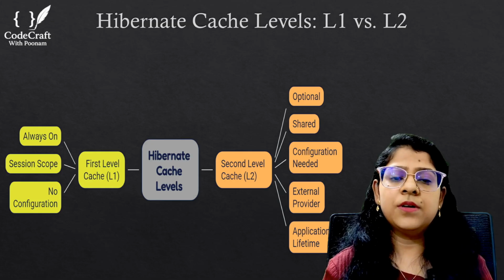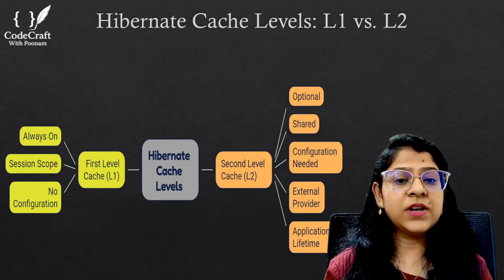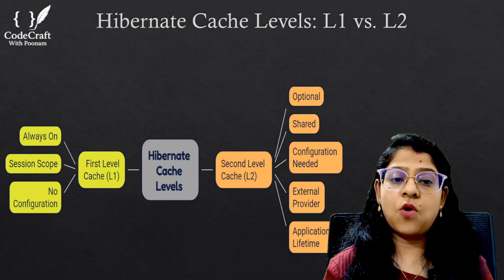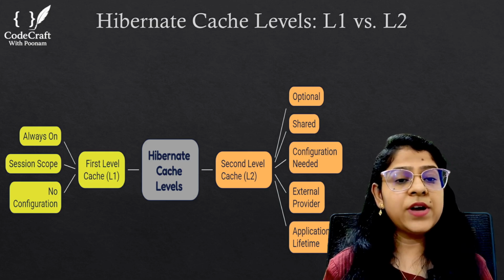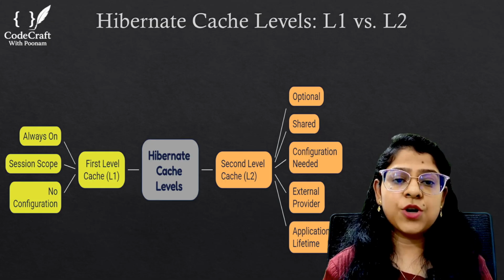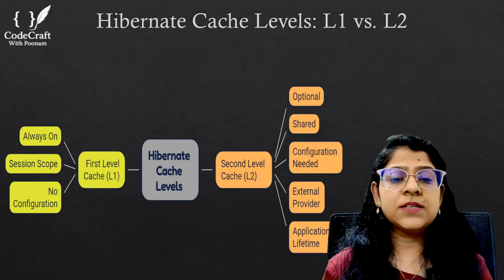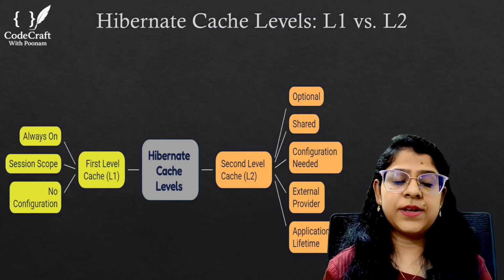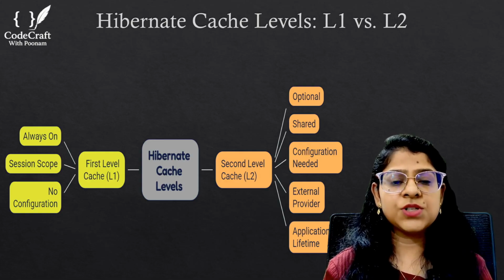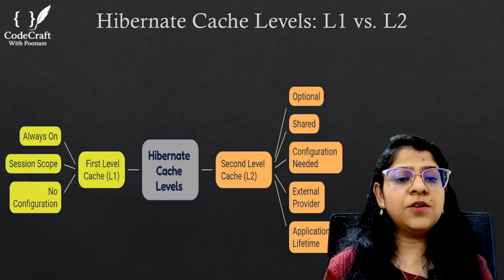The first level cache is always on, built into every Hibernate session, and cannot be turned off. The scope is one session only, so it is lost when the session closes. No configuration is needed, it works automatically.